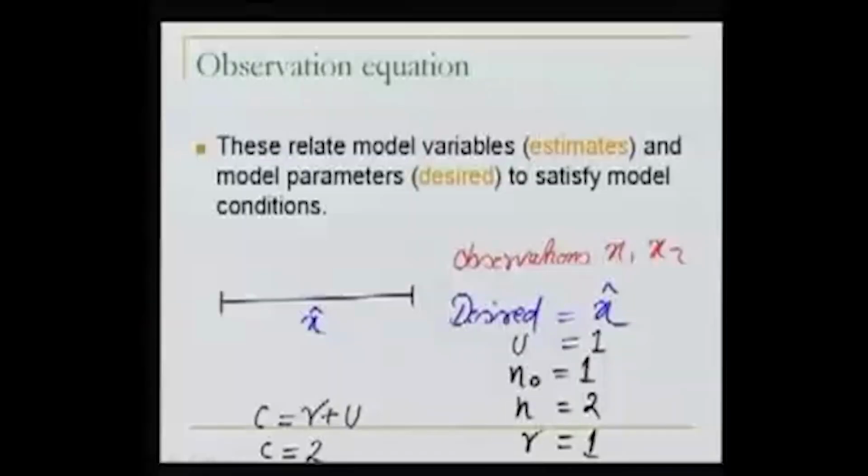Let's say we have a line over here and we want to observe this line. The desired quantity is x hat. We carry out two observations, x1 and x2. Someone measured this line x1 and then again x2. Two observations have been taken.